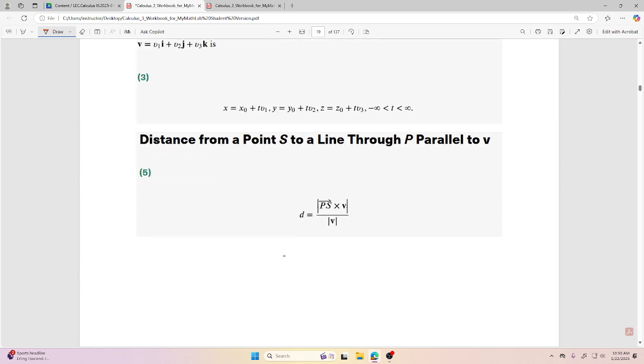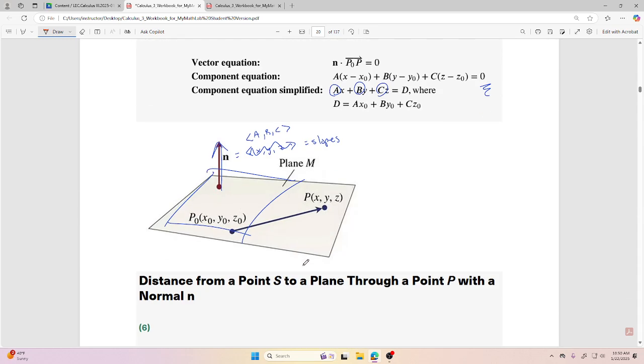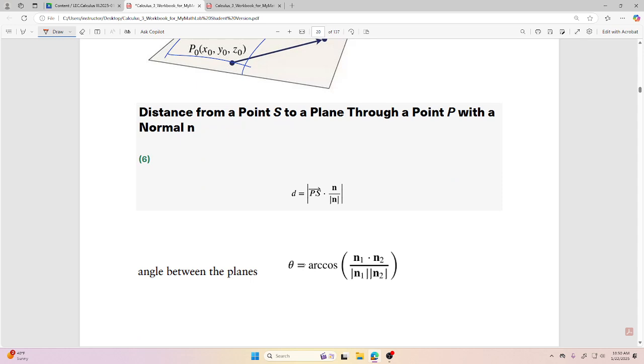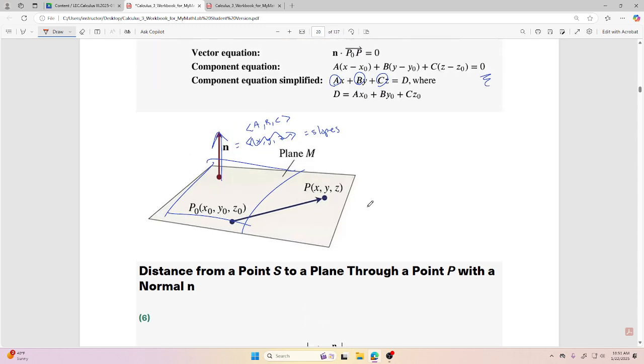Distance from a point to a line. Okay, so we got a formula. And then we got distance from a point to a plane. Cool? So we got point to a line, point to a plane. What's the difference between point to a line and point to a plane?